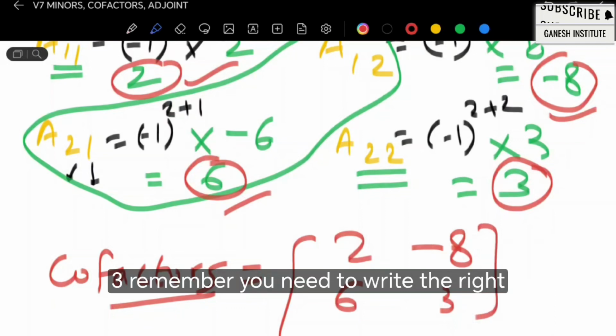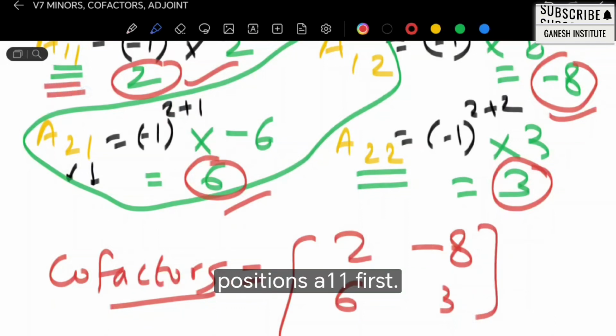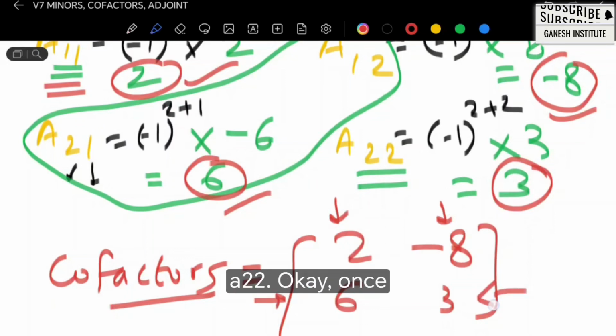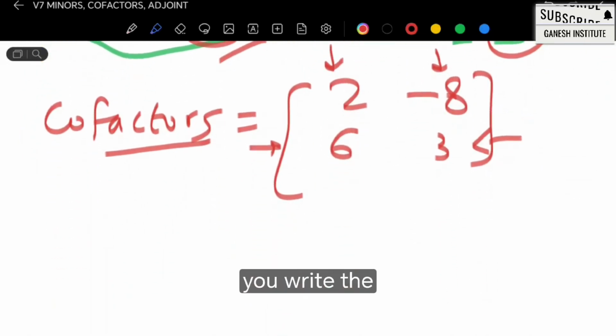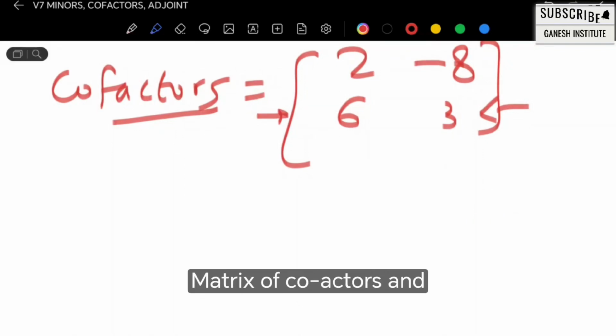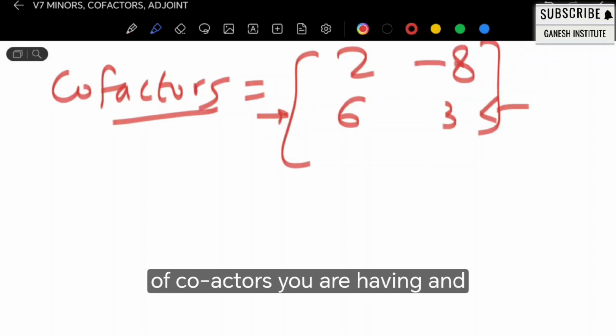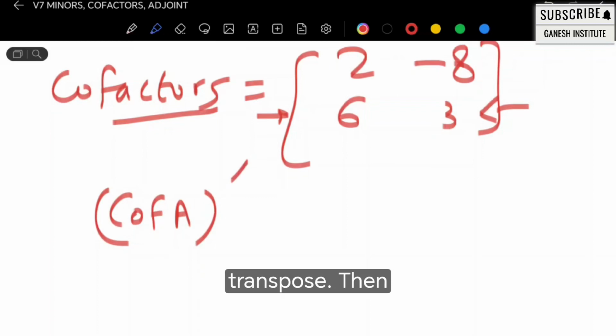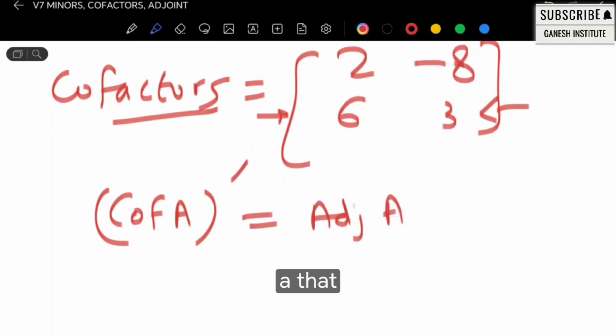Remember, you need to write the right positions. A11 first, A12, A21, A22. Okay. Once you write the matrix of cofactors, if you take its transpose, then this becomes adjoint A.